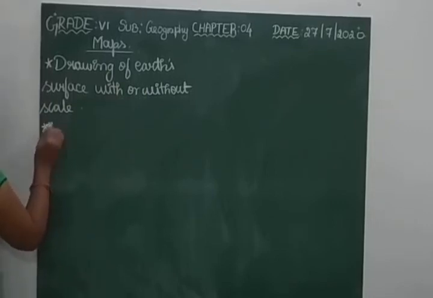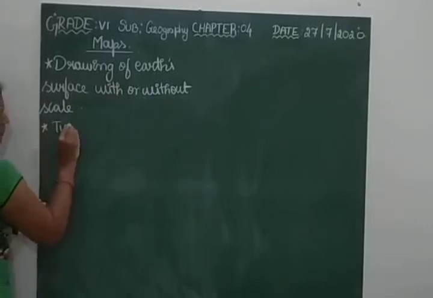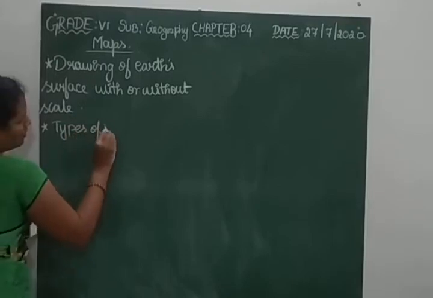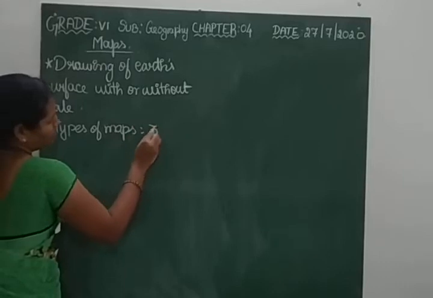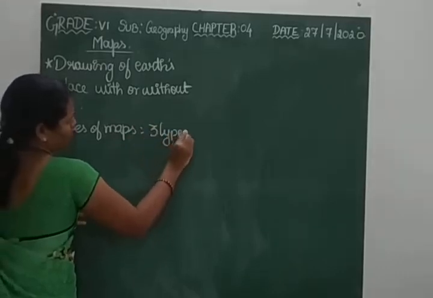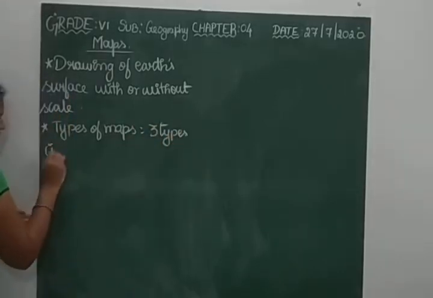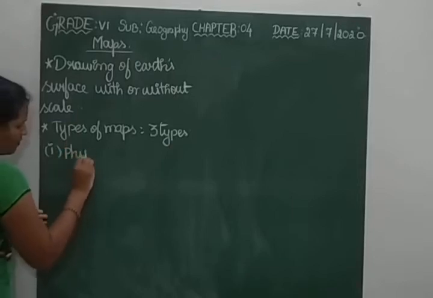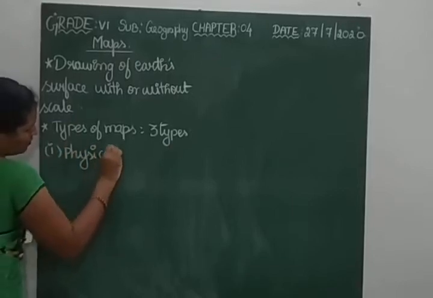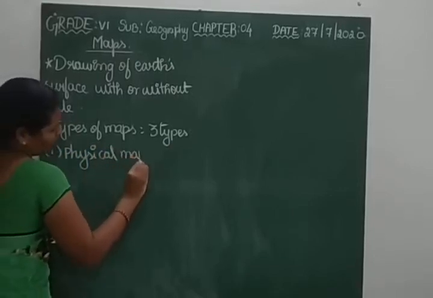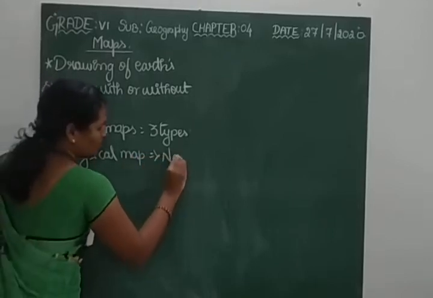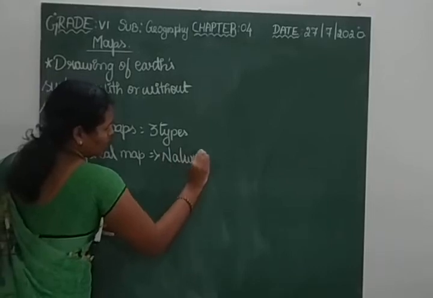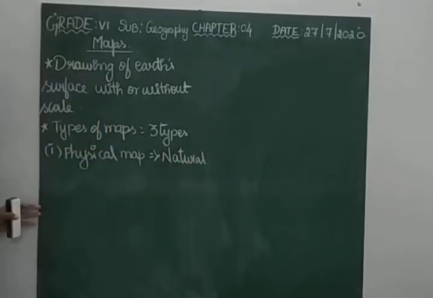In this, we are going to learn the types of map. There are three types. First one is physical map, which indicates the natural features like mountains, rivers, lakes, oceans, everything.